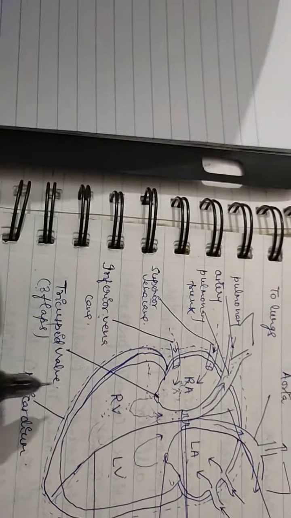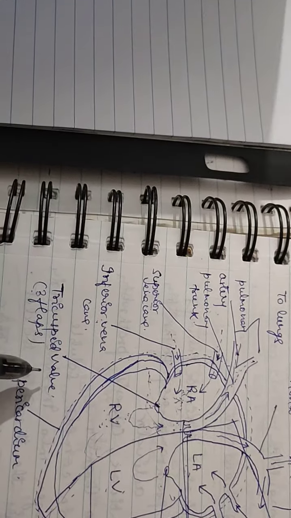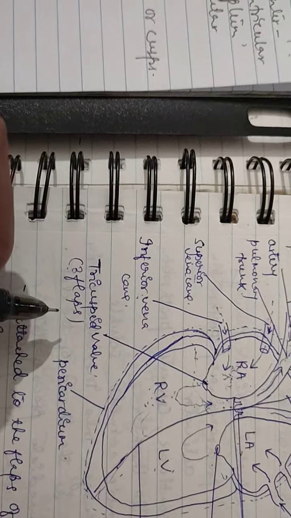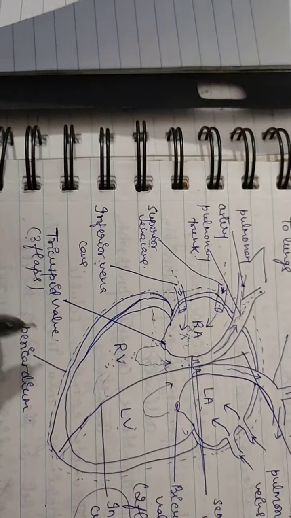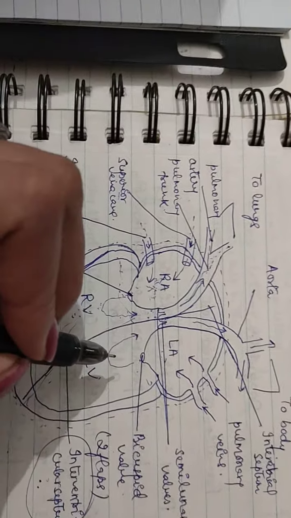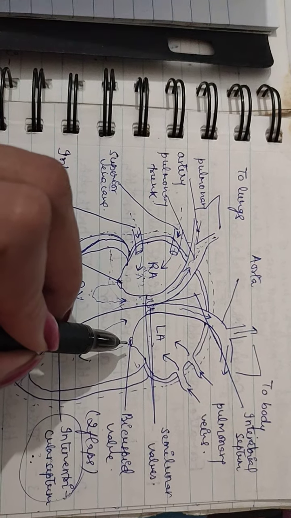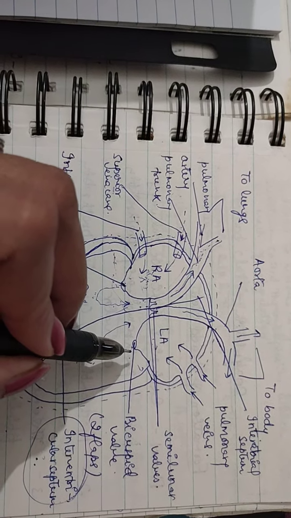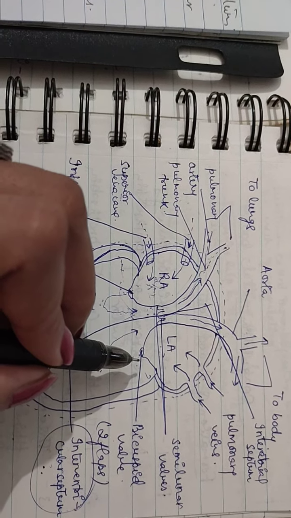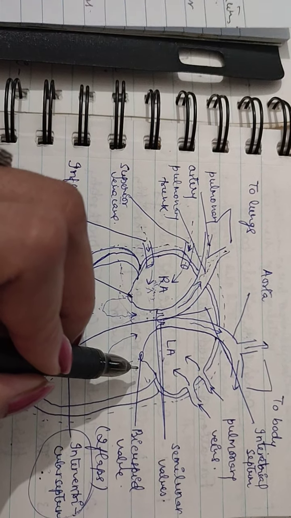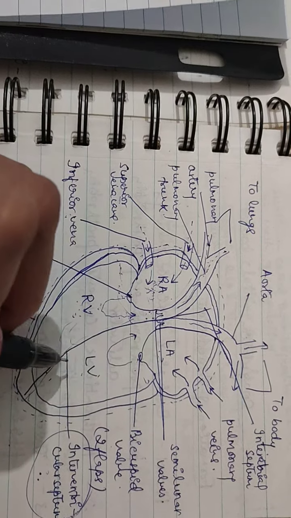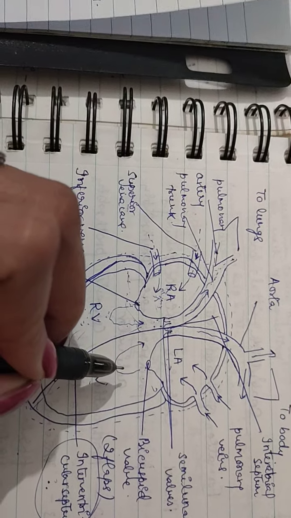These are called the tricuspid valve. It has three flaps. And this one is the bicuspid valve, also known as the mitral valve. It guards the opening between the left atrium and left ventricle.